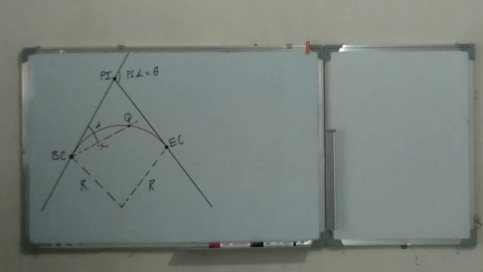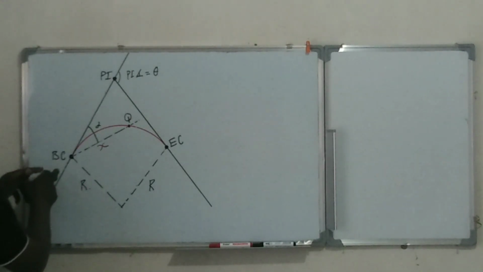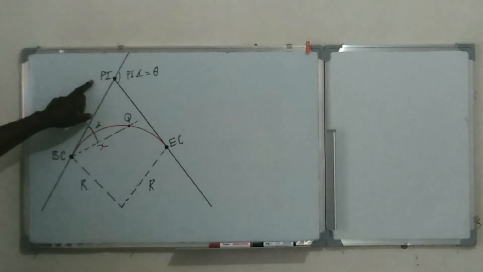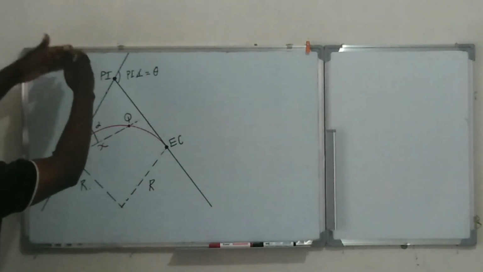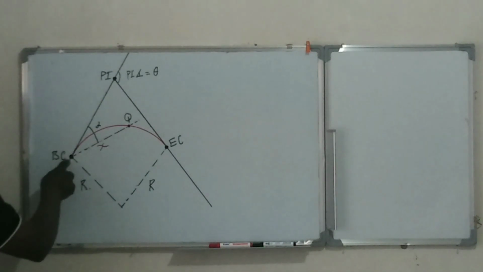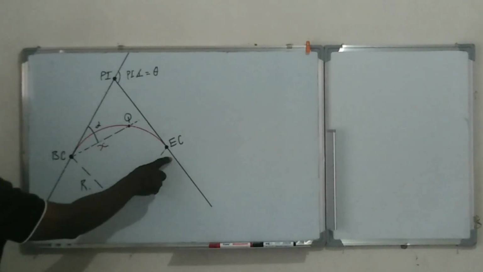Now, the question is, how do we set out these points? How do we fix these 2 points, the BC and the EC? Remember, we fixed the PI by extending these two lines until they cross each other. Now, how do we fix the BC and the EC? Well, first of all, we need to determine this distance here and this distance here.